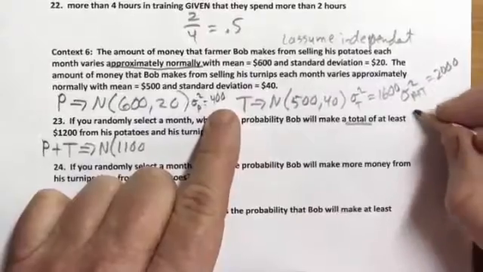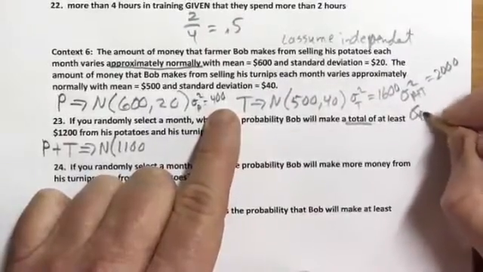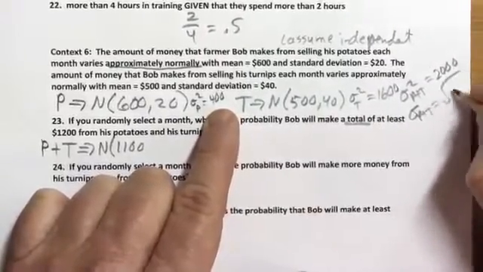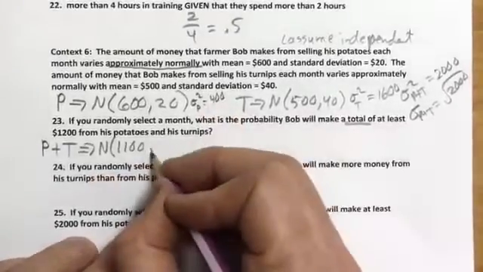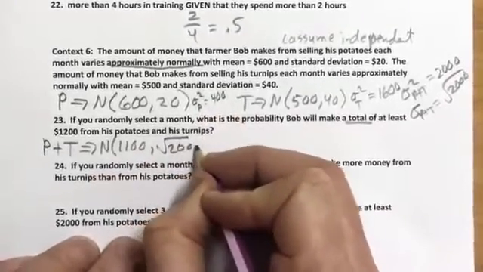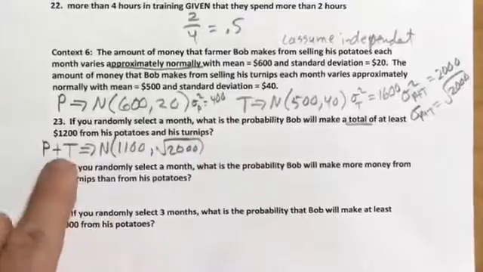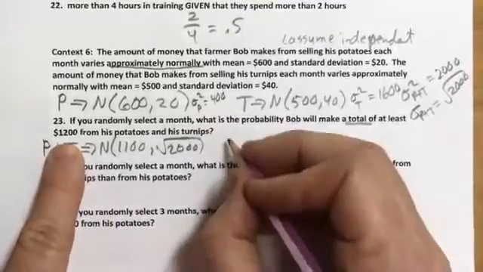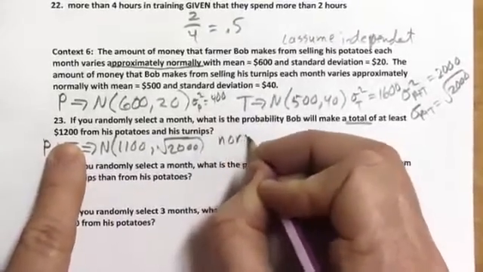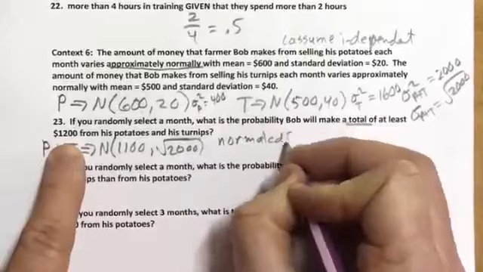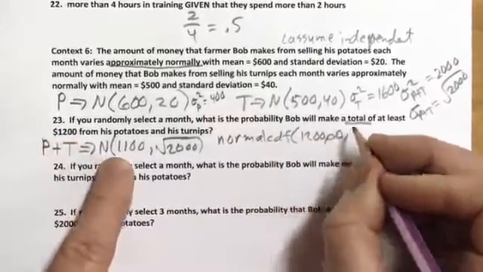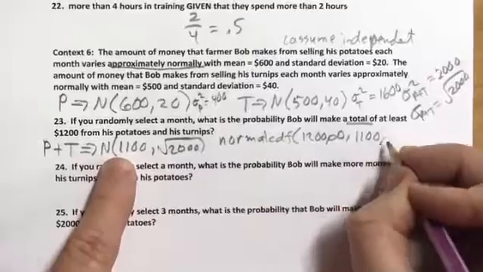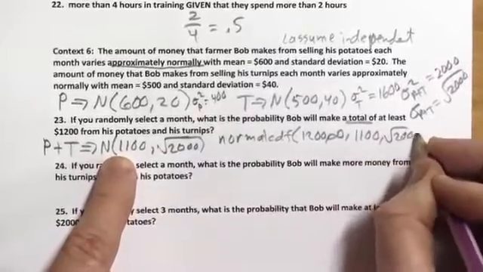Therefore, the standard deviation of potato plus turnip is the square root of 2000, and I'll just leave it like that. That is the little trick. Then you can just say, what's the probability the total will be more than 1200? You'd say normal CDF from 1200 to infinity, with a mean of 1100 and a standard deviation of root 2000.